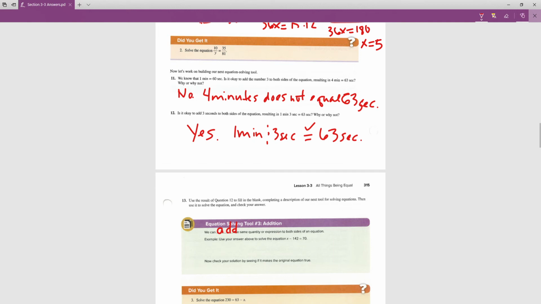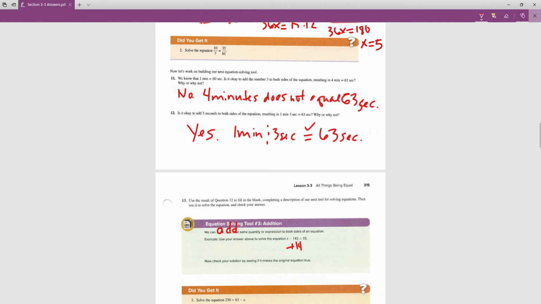So we want to solve x minus 142 equals 70. In order to solve that, we are going to use this addition tool by adding 142 to both sides.